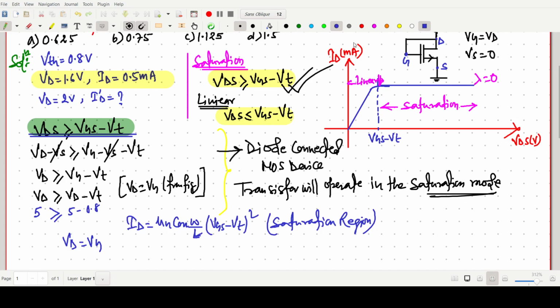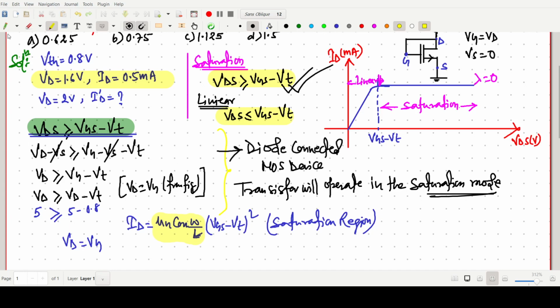So this term, what we observe in this case, is our unknown term. If we find this term, and for the other one VD is also given, we can easily find the value of IDS for the same type of transistor, because everything else is given: VTH.